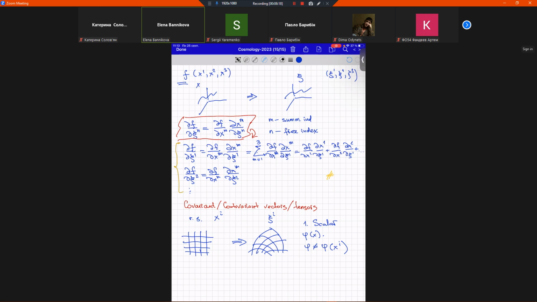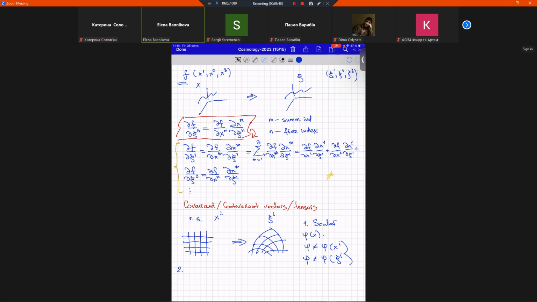The value of the temperature doesn't change due to moving from one reference system to another reference system. So you can write that for scalar, nothing happens if we move from one reference system to another reference system.